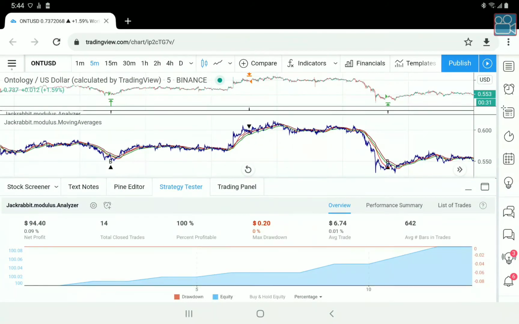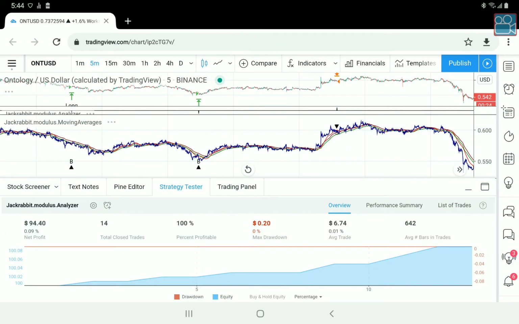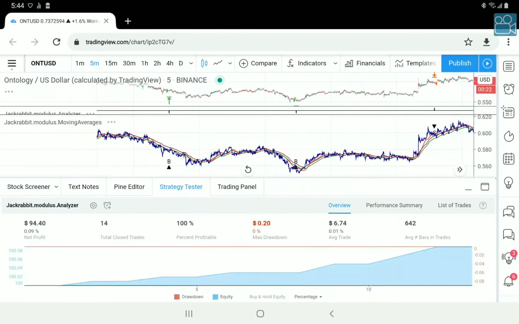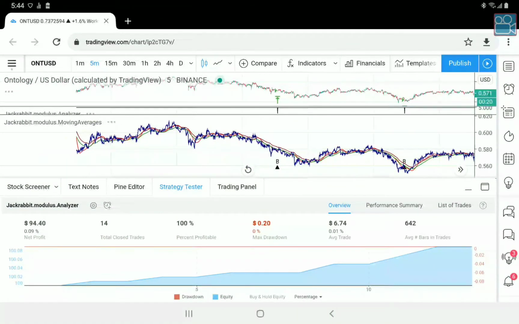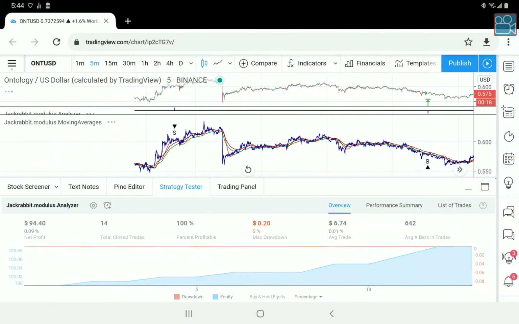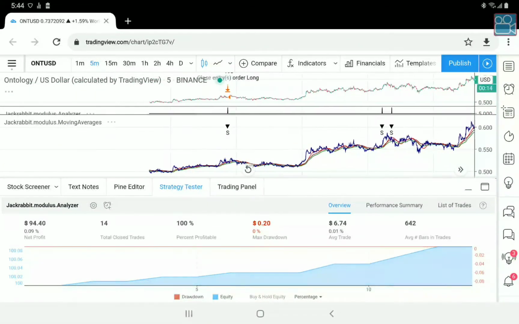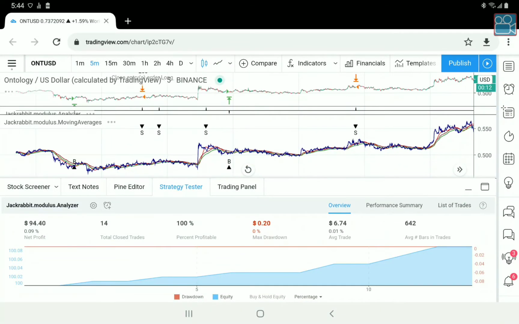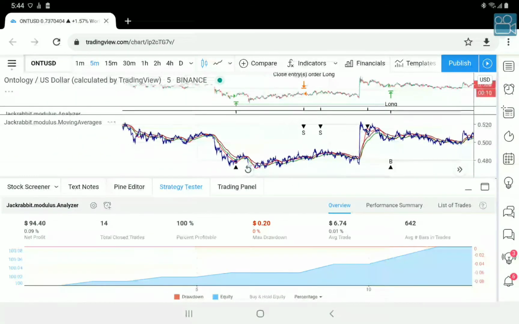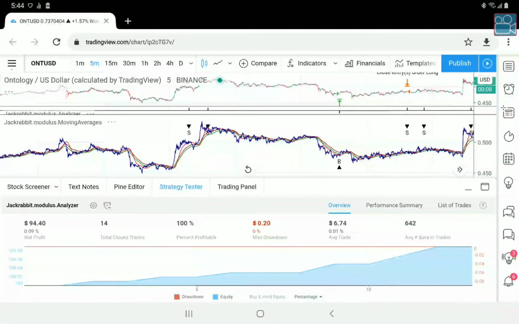So if we have a $500 budget, we could actually take it up to a $200 position just on this one setting. So that's not bad. Not bad at all.